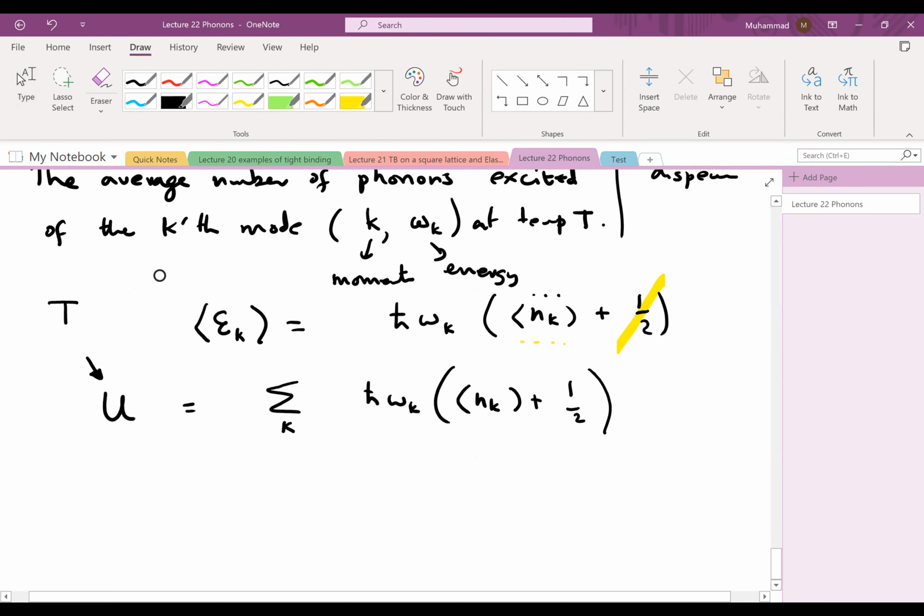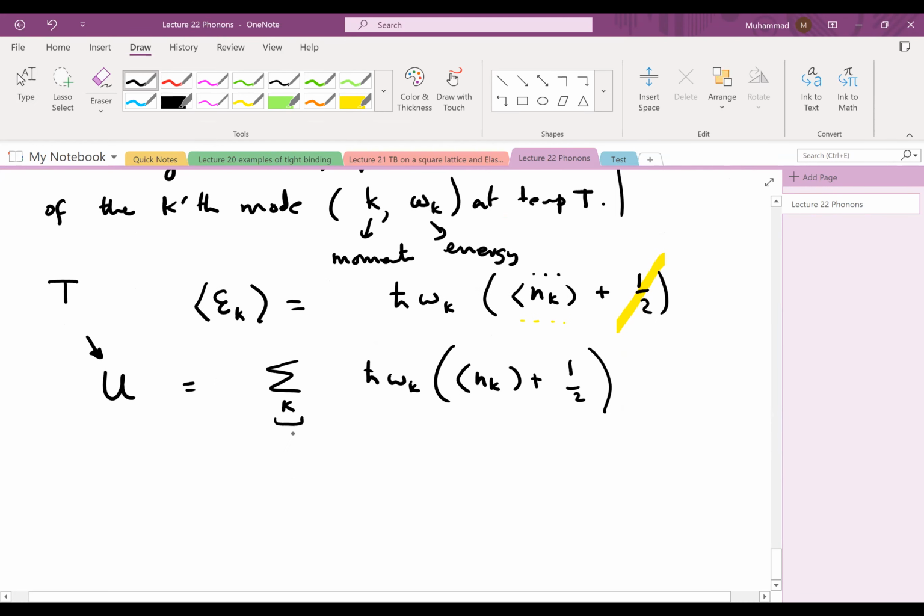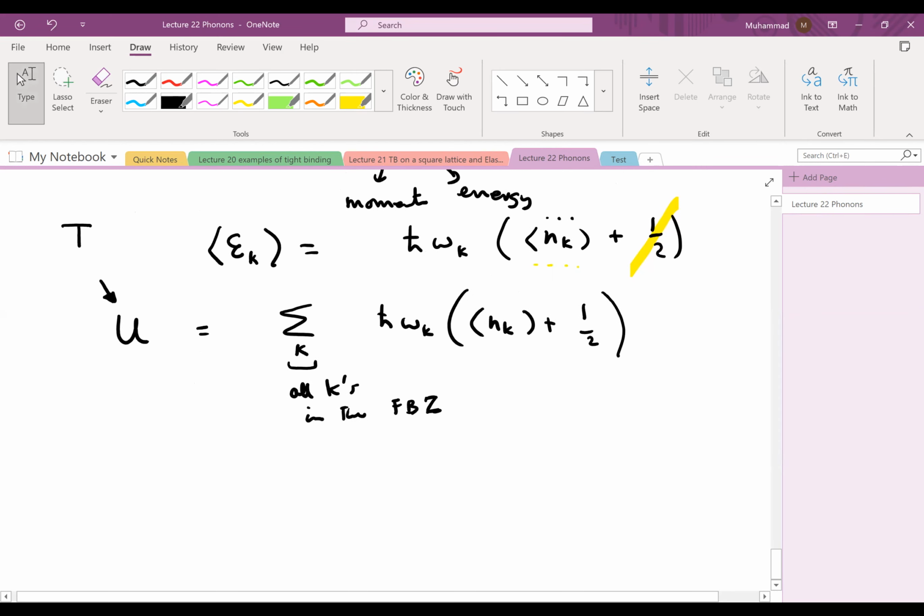And by the way, I'm summing up over all K's inside the first Brillouin zone. When I restrict the wave number k to the first Brillouin zone, then that momentum is called the crystal momentum. But we'll talk more about that later. So this is the total energy of the system in which you've summed up over all modes. So this sigma k is really a sum over modes.